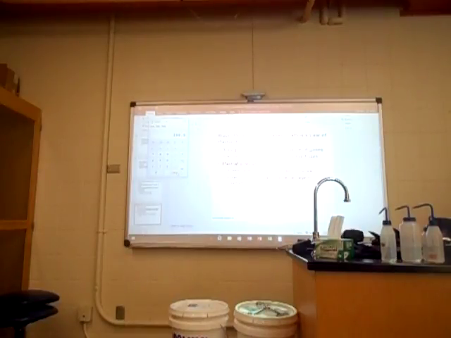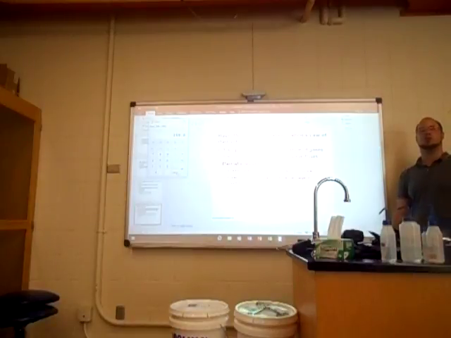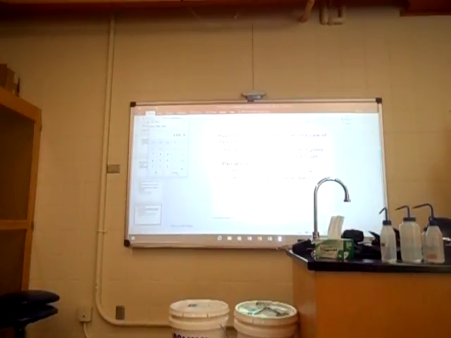So the partial pressure of oxygen at sea level is about 160 millimeters of mercury, give or take. Is that what it would be here in Sheridan, Wyoming? No, because we're pretty high up in elevation. We say about 88% of sea level, right? So the partial pressure of oxygen here is more like 140 millimeters of mercury.